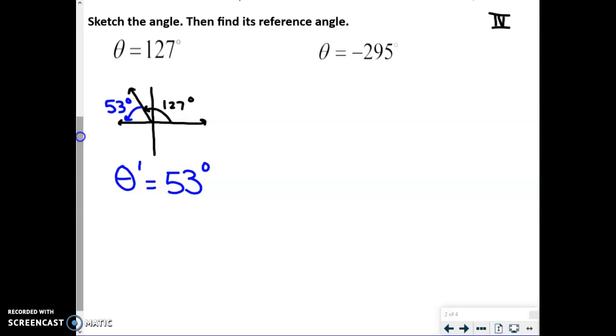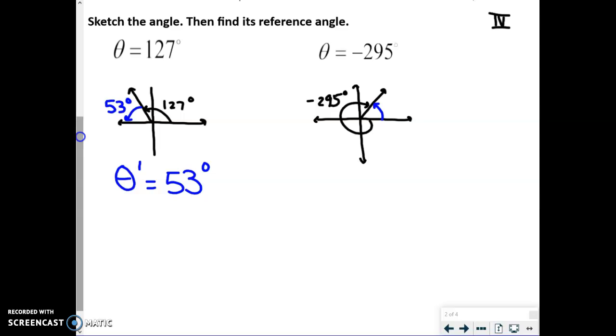The second example I have here for you, negative 295, the only difference here is what direction are we traveling for our angle. So again, if we start at the positive x-axis and we work our way around, negative 295 degrees would put us right about there. So the question we're asking ourselves is, since it's in quadrant 1, how far to get from the positive x-axis up to that terminal side?